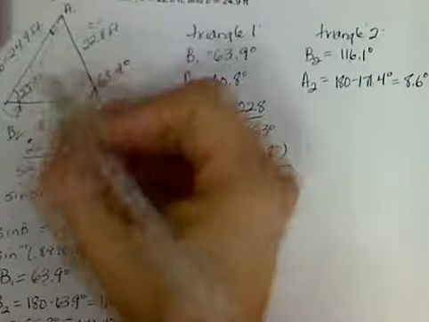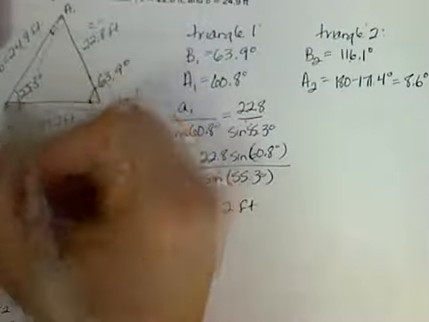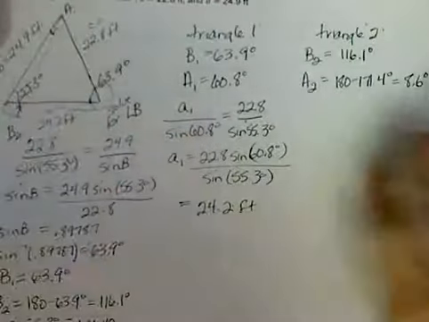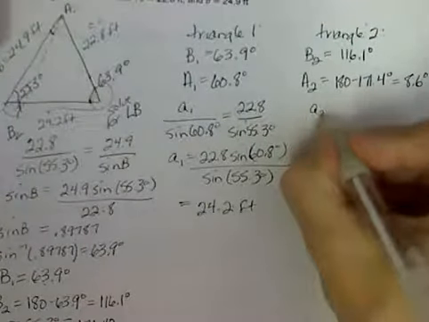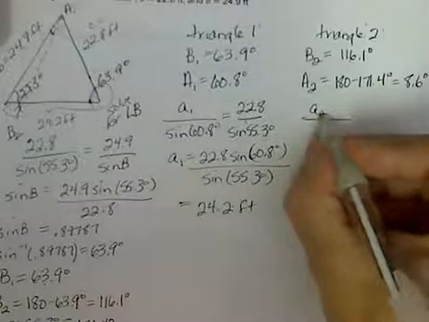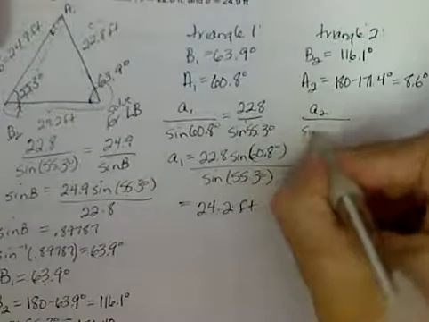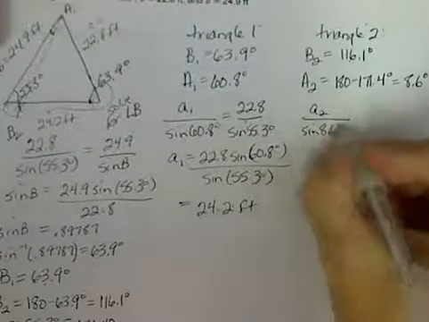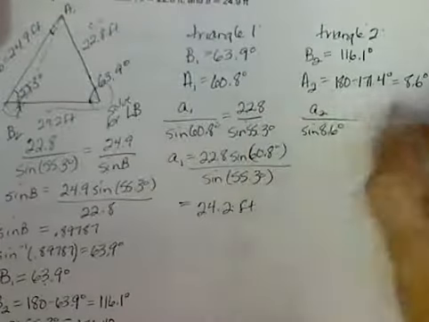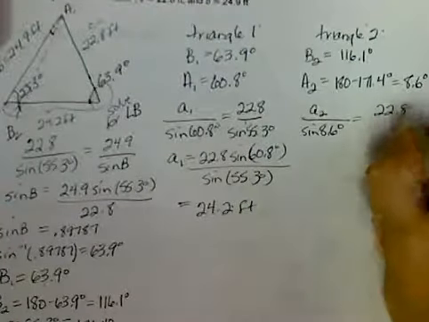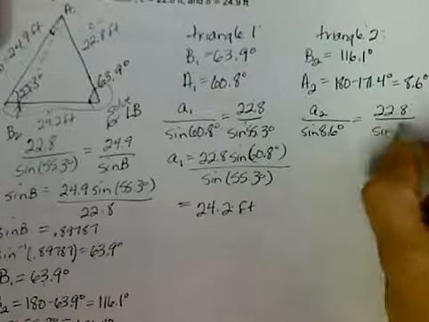Now I can solve for my side A2, which would be this really short side on the base. I'm going to do A2 over the sine of A2. And I'm going to use the same values on this side of the proportion as I did before.